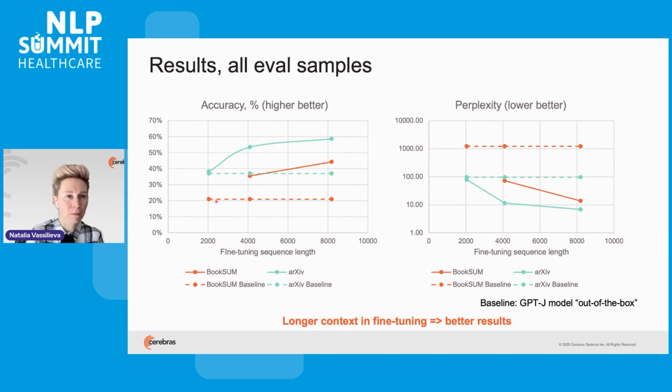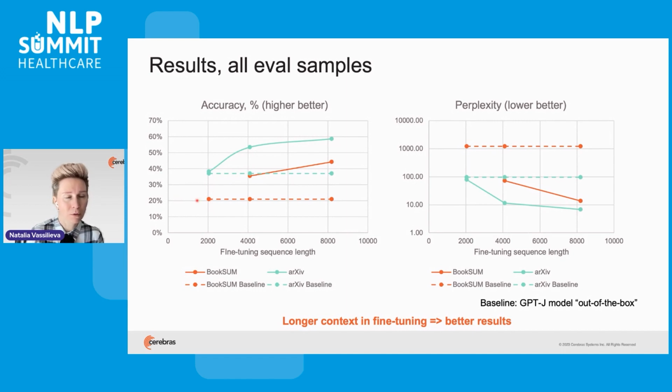Here, the dotted line shows accuracy and perplexity, correspondingly for the BookSum dataset it's orange, and for arXiv it's this greenish color. So if you take the GPT-J model out of the box without any fine-tuning at all, the publicly available checkpoint, and you apply that for the summarization task on the documents from those arXiv and BookSum corpora, you will get accuracy as shown here.